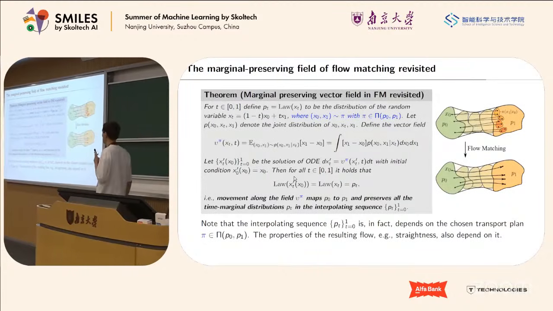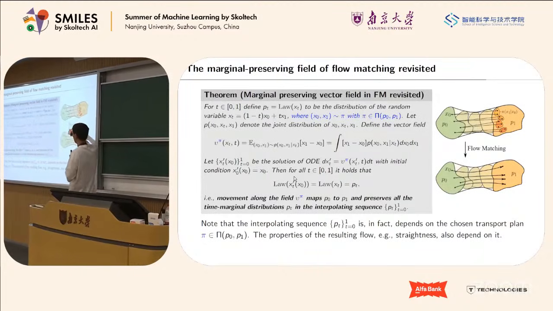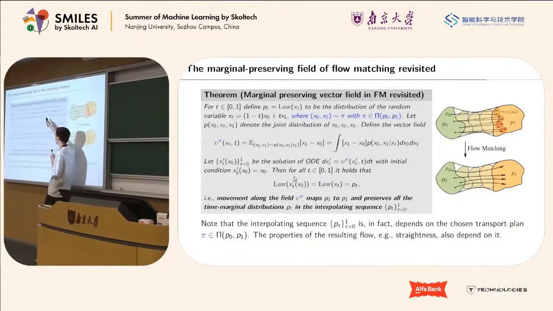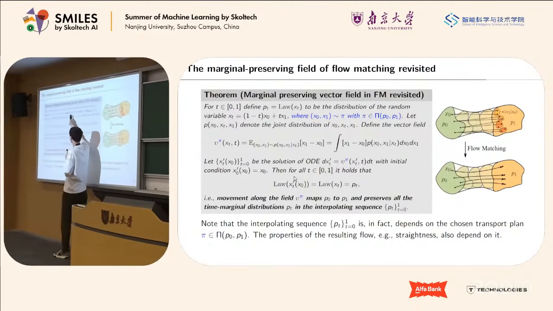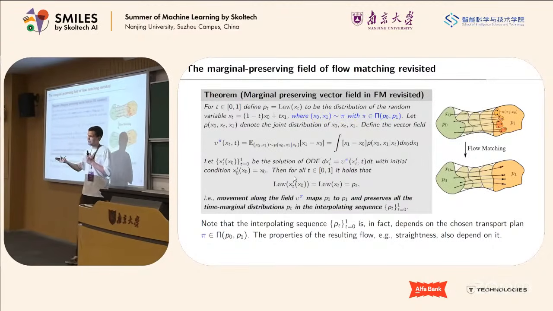What we do is the same as before. This is the same theorem, the same statement, but with one modification shown here in blue. Previously we took pairs x0 and x1 independently.